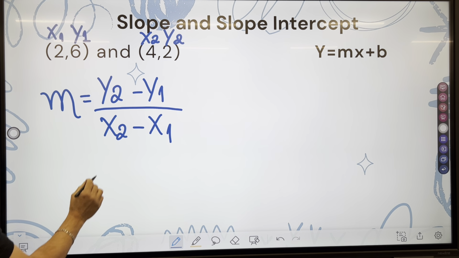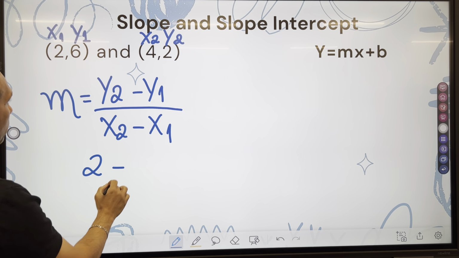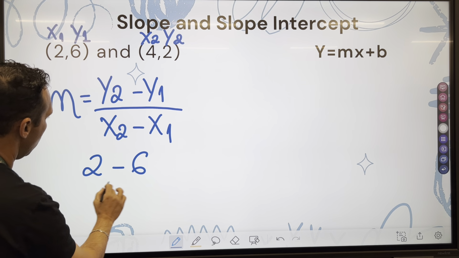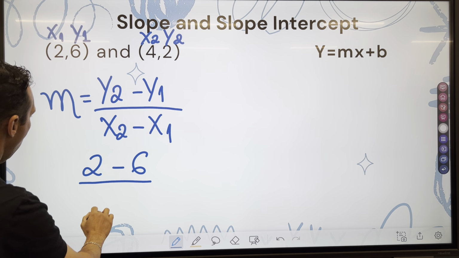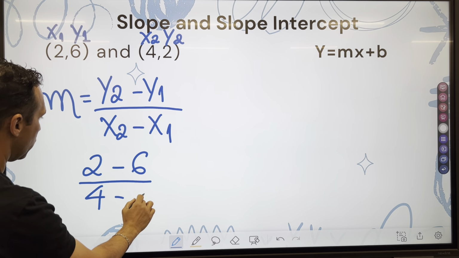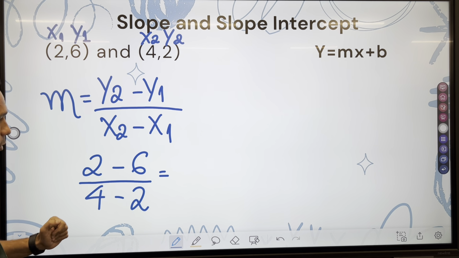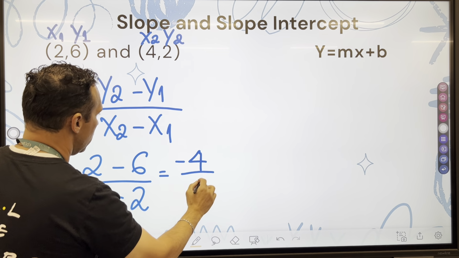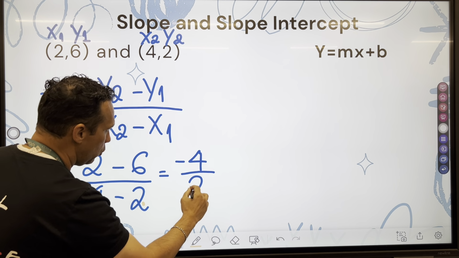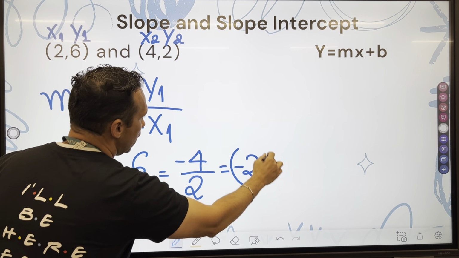So then we go y2, 2, minus y1, 6, over x2, 4, minus x1, 2. If you do this math, 2 minus 6 is negative 4, divided by 2, we get our slope, negative 2.